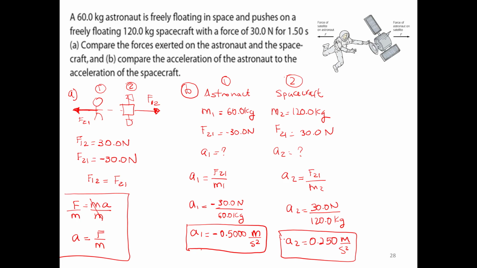We can see the force exerted on the astronaut is in the negative direction, and this is why the acceleration is also negative, because by the second Newton law, force and acceleration, which are vectors, always point in the same direction.